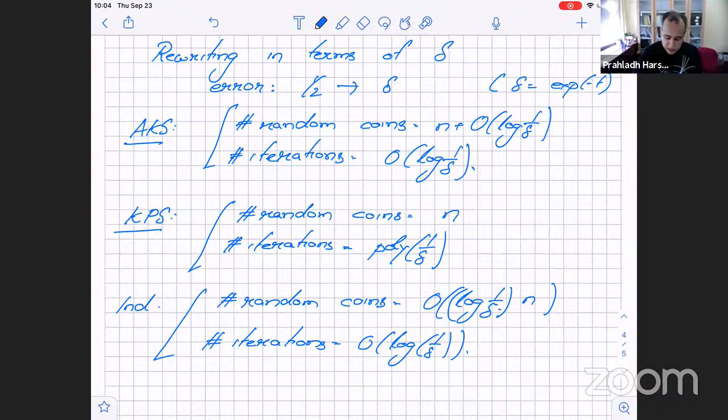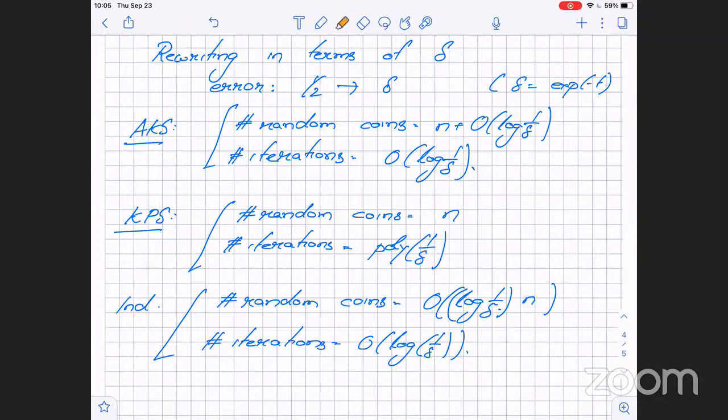If you want the error delta to be only inverse polynomial, KPS sort of dominates AKS because there's no extra random coin that you're using, but the number of iterations is so large. If you want the error to become even smaller, like inverse exponential, slightly smaller than inverse polynomial, then KPS is no longer useful. Whereas you can use AKS, and in all aspects, AKS is better than the independent set. So this chart should tell you how to compare all these three against each other.